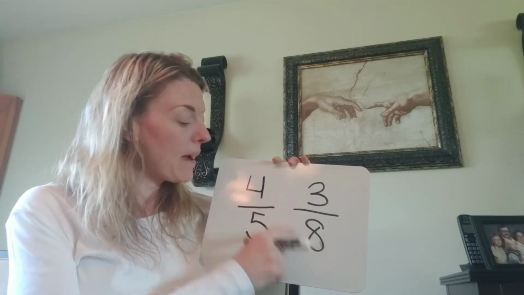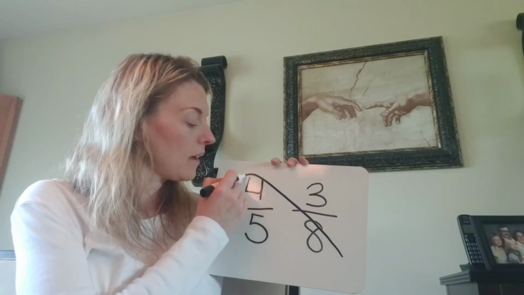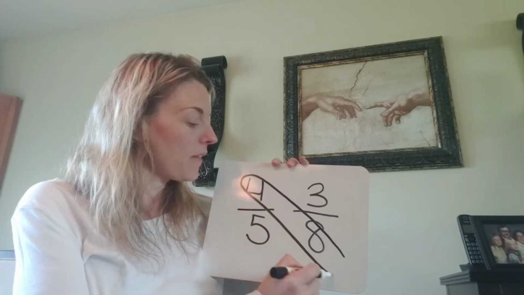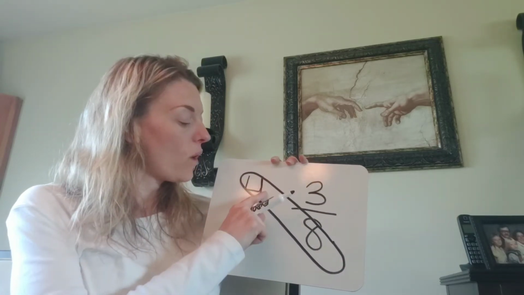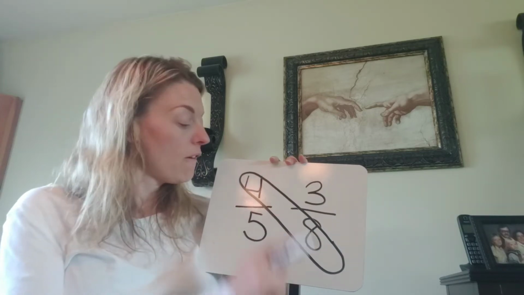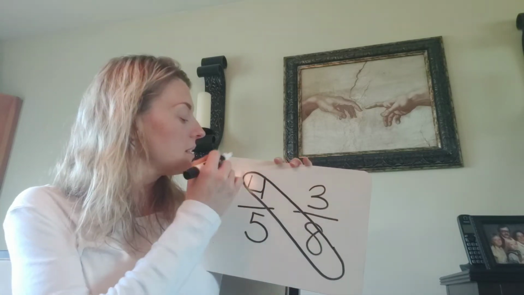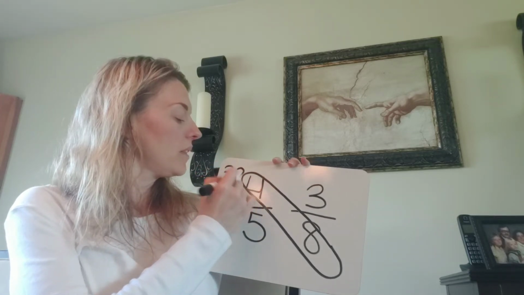I need to compare my diagonals because I need my first butterfly wing. Here's my first butterfly wing. You ready? 4 times 8 is 32.